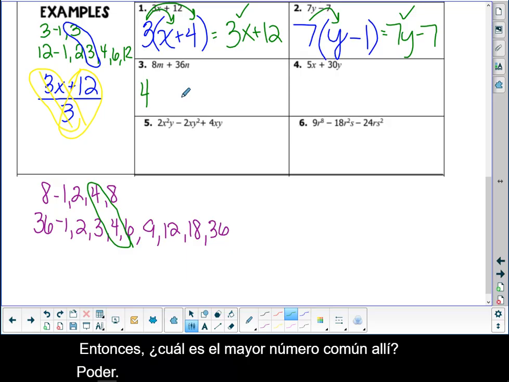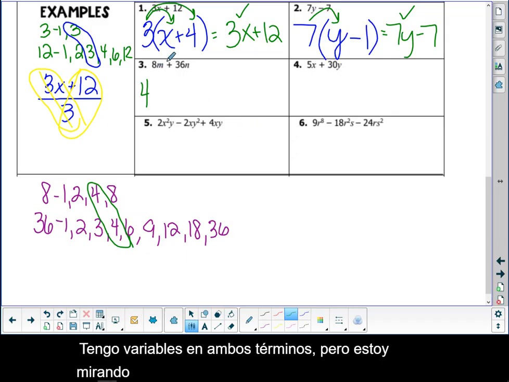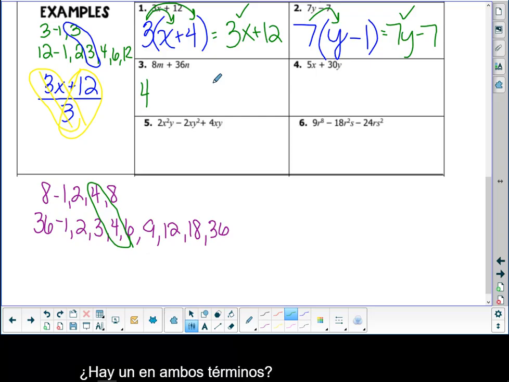I do have variables in both terms, but I am looking at the individual variables. Is there an m in both terms? No. Is there an n in both terms? No. Therefore, they cannot be part of my GCF.